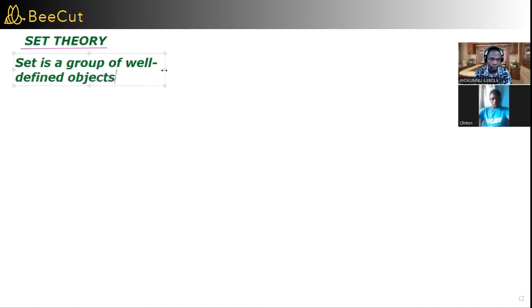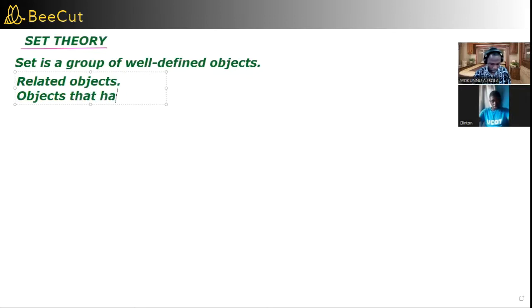So what is related should be grouped together, and what is not related should be grouped together. So in that way, I can say that a set is a group of well-defined objects. What do I call set? It's a group of well-defined objects. Yes, very good.